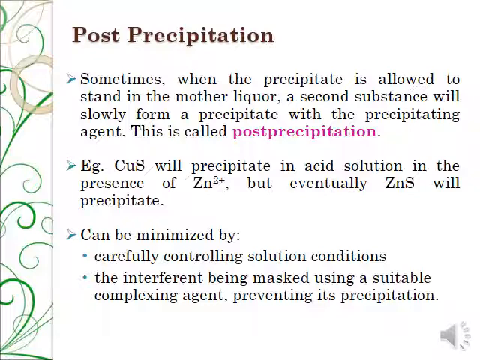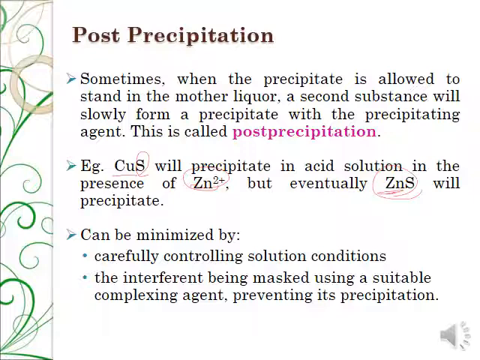This is called post precipitation. For example, copper sulfide will precipitate in acid solution in the presence of zinc 2 plus ion. But eventually zinc sulfide will also precipitate due to the presence of sulfide in the solution. So this is the post precipitation impurities.